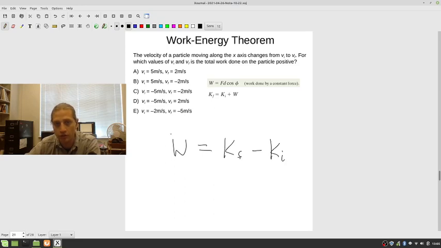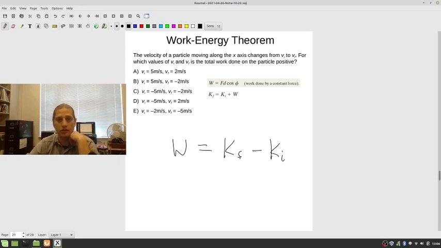So if you have done positive work on an object, that means its kinetic energy at the end is bigger than its kinetic energy at the beginning. How do you get that to happen? Well, you get that to happen by going faster at the end than you went at the beginning.